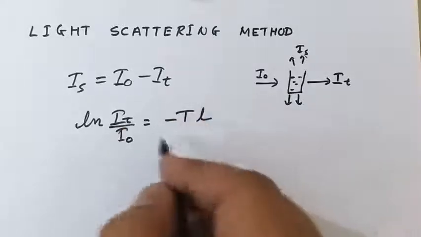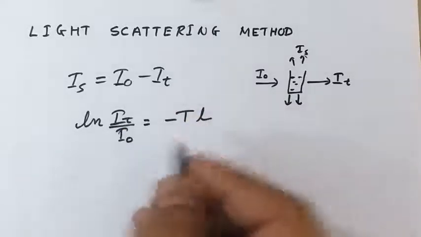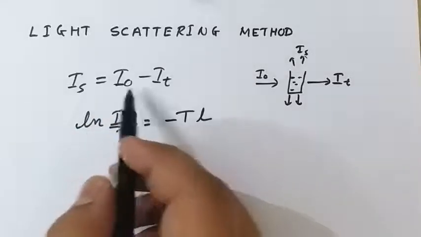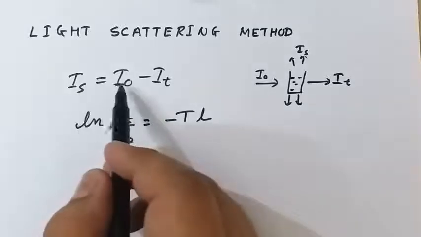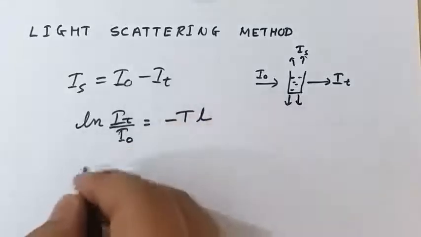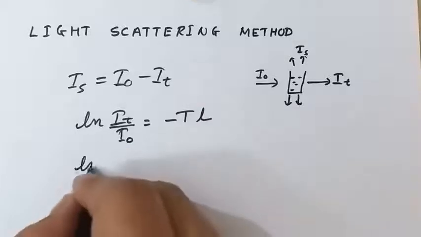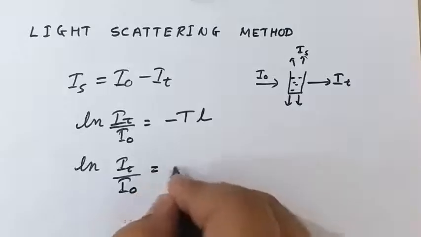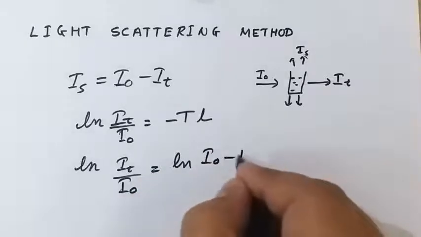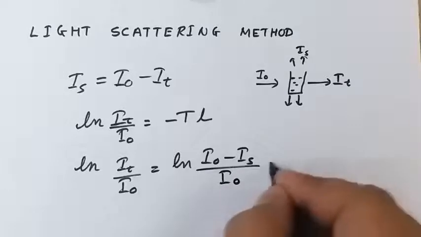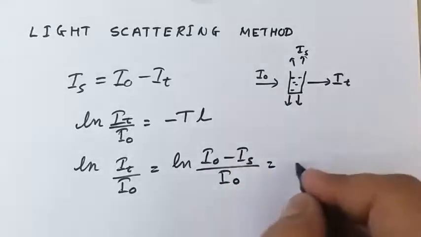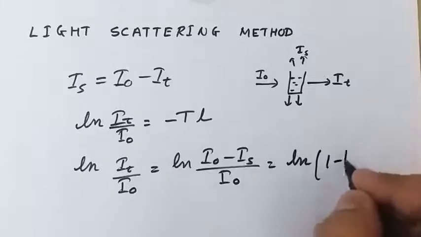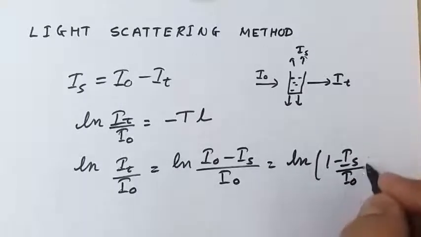Now we can rearrange and simplify this relationship. For IT I can write I0 minus Is. So I can substitute in place of the IT term, ln of IT upon I0 is equal to ln of I0 minus Is upon I0, and this I can further write as ln of 1 minus Is upon I0.